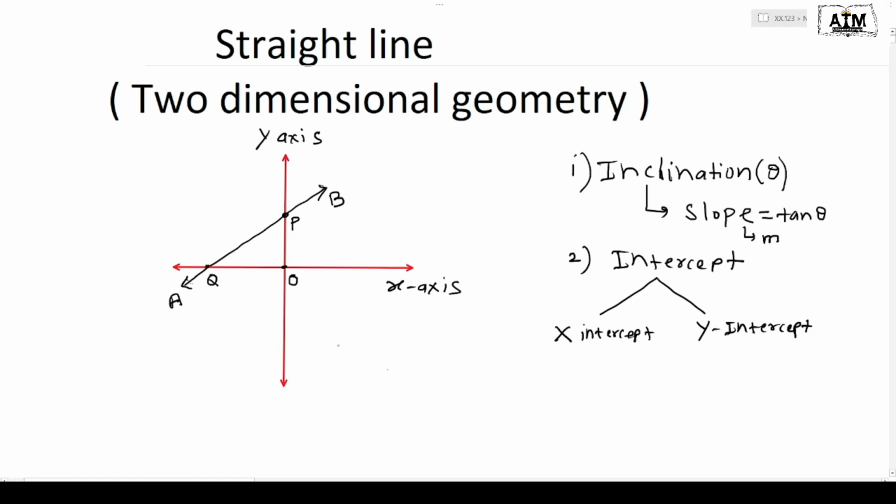So we have the distance OP, the distance on the y-axis. This distance OP is called y-intercept. Similarly, the distance OQ belongs to the x-axis. It is the distance on the x-axis. Distance OQ is called x-intercept.